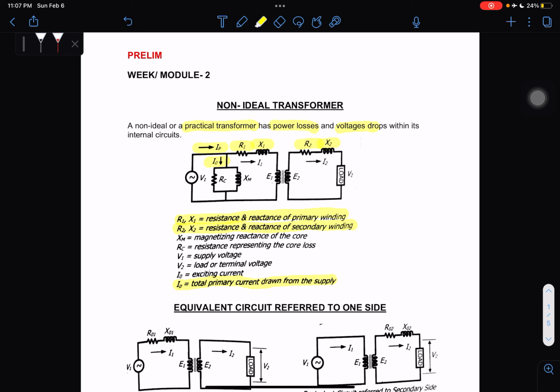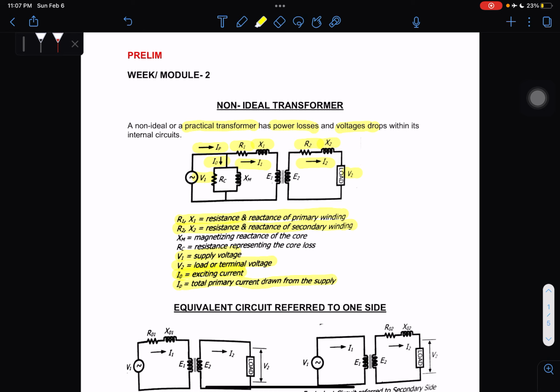I0 is the exciting current on our primary side. And we have V1 and V2 for our supply voltage and our load or terminal voltage. For the primary side, we have the current I1, and for the secondary side, we have I2 or current 2.